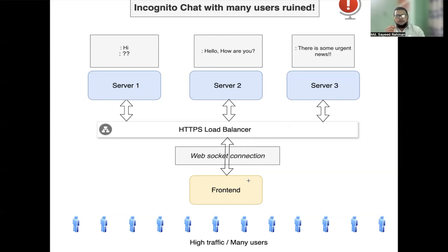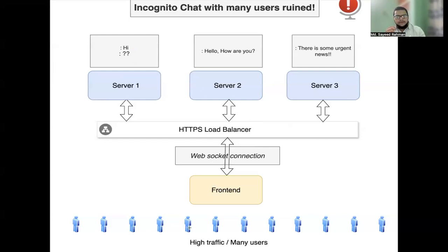So let's say 2 or 3 friends want to talk to each other. Person 1 sends a message, hi, and for this message, the load balancer has chosen server 1. So server 1 has received the message hi. And we can see person 2 wants to send the message, hello, how are you?